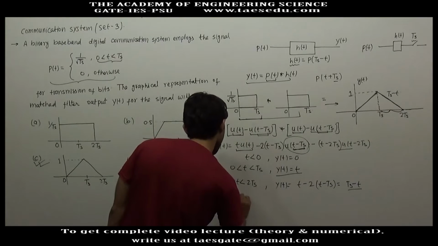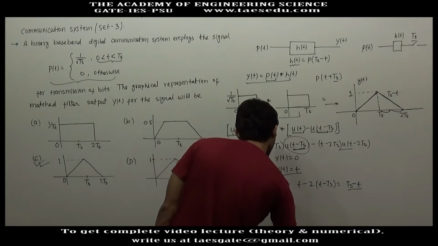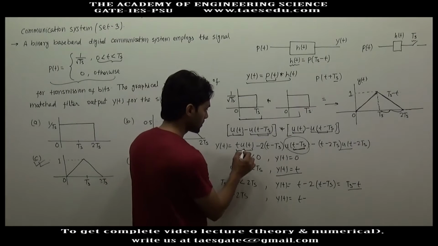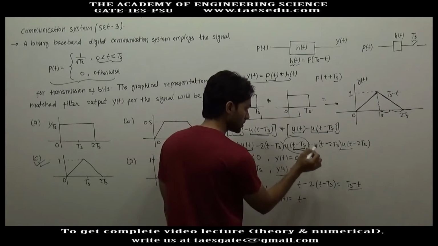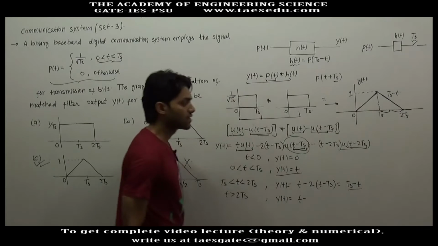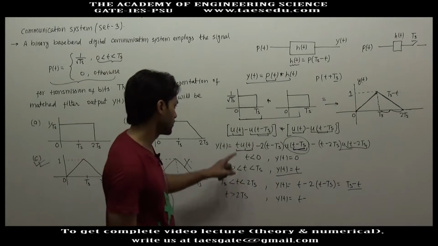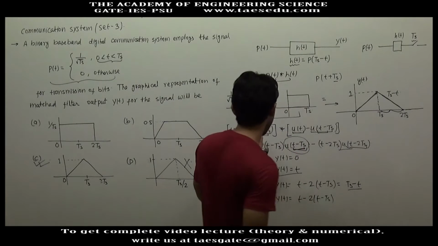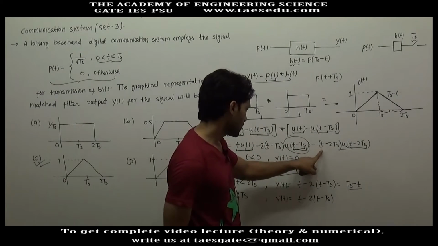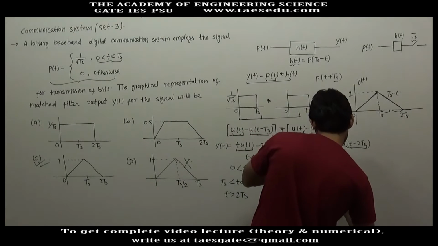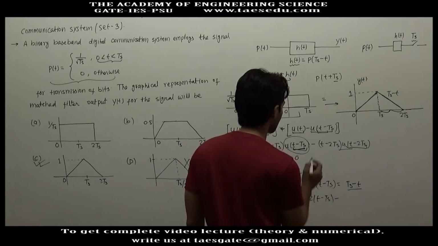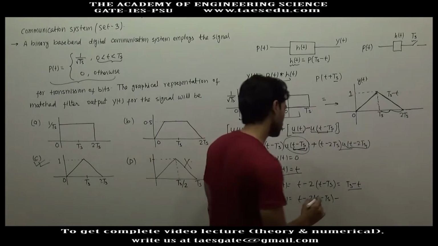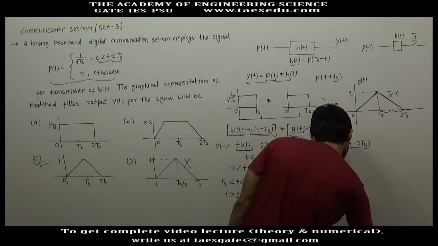And when t is greater than 2 ts, yt will be, when t is greater than 2 ts, this will give you 1. All these unit step functions will give you 1. So this will be t minus 2 into t minus ts, this is not minus, this will be plus here, this minus and this minus will be plus, t minus 2 ts.